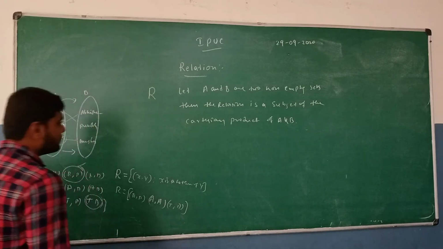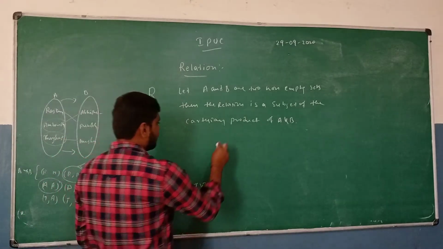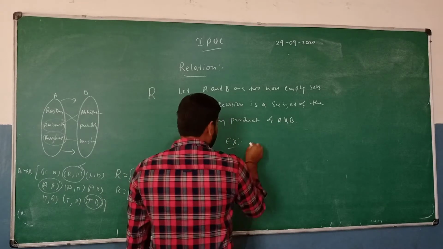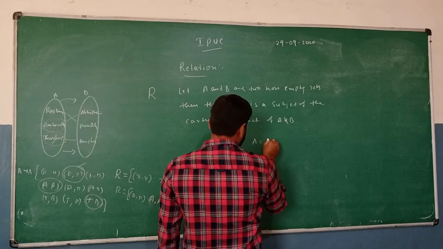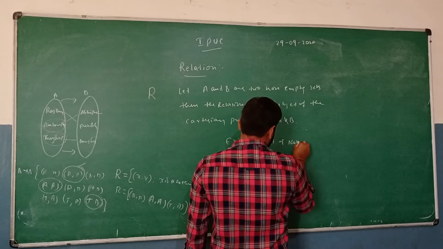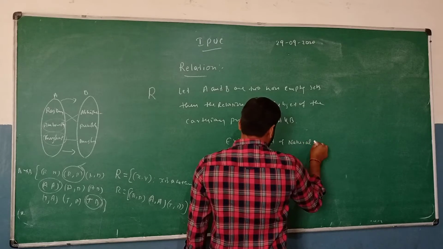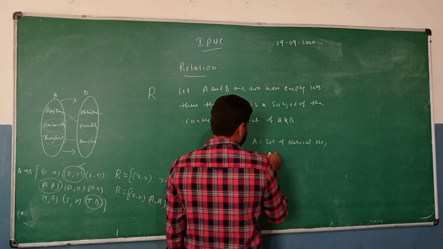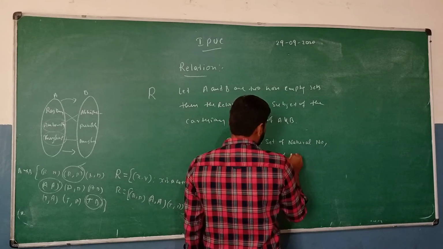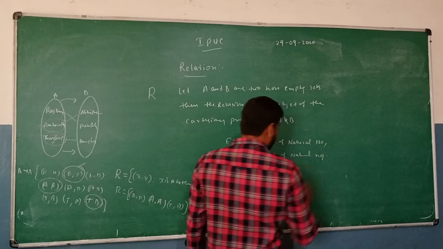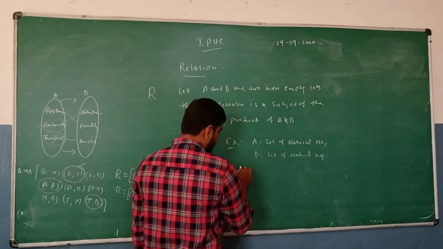Now to give a mathematical example, look here. Example: A is equal to the set of natural numbers and B is equal to the set of natural numbers. Then R is the relation.